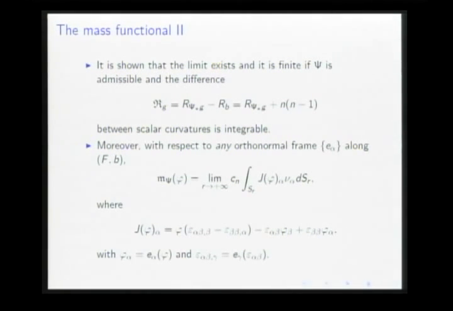The limit exists and it is finite if the coordinate system is admissible and the difference between scalar curvatures is in L1. And another way you can compute this limit is using this formula here.